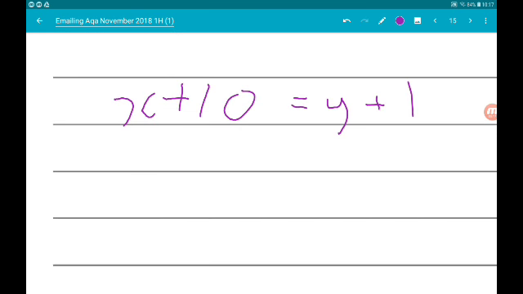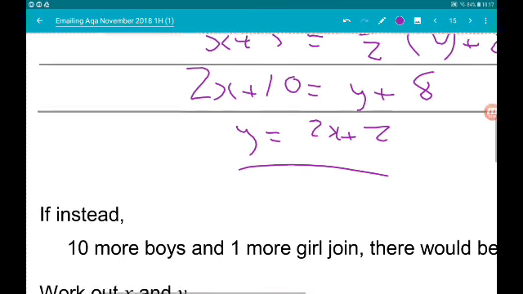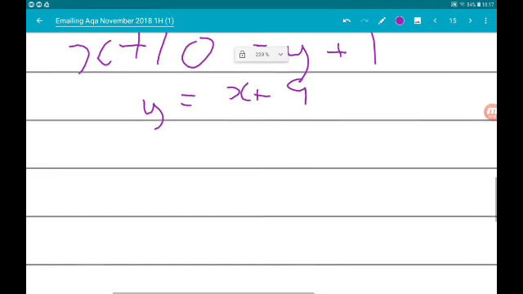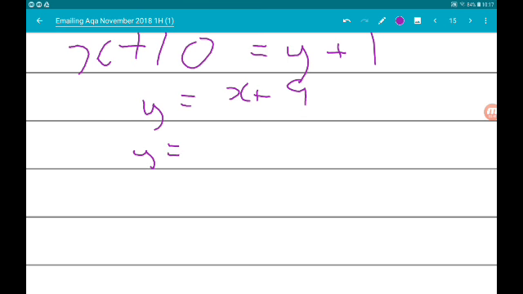Now, we can get y on its own again from this. We can say that y is equal to x add 9 by taking away the 1. Now we also know that y is equal to 2x add 2. Now these are simultaneous equations.